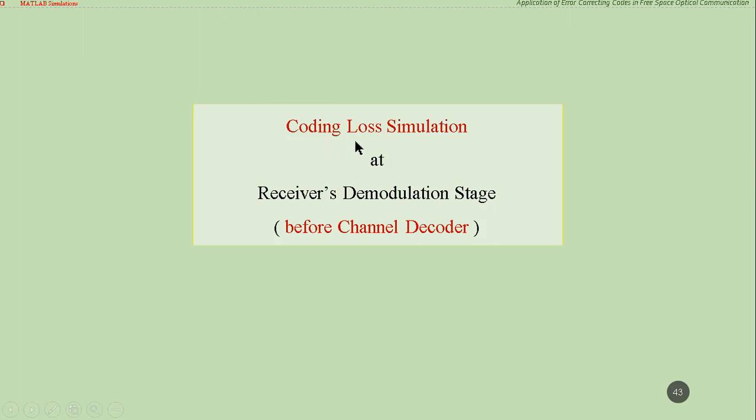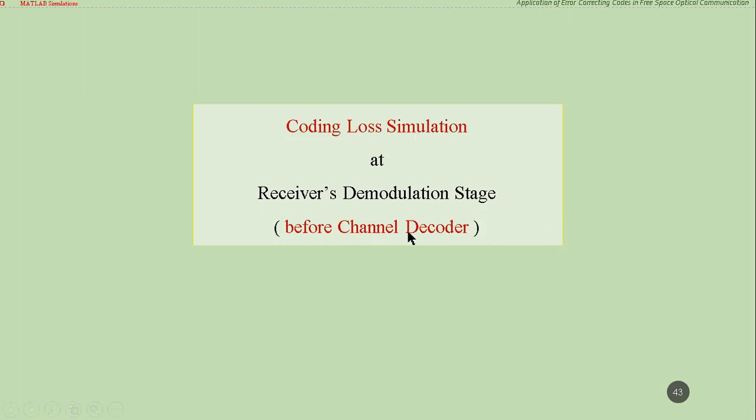Then coding loss simulation is being done. At this point, I will see what happens if I implement a forward error control scheme that adds redundant bits or parity bits to check on the errors and make corrections.